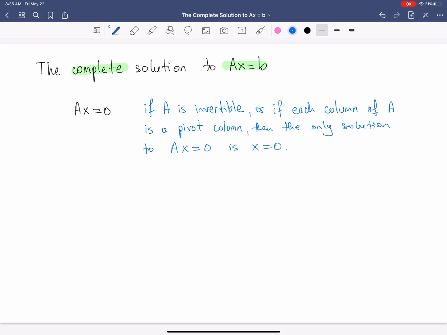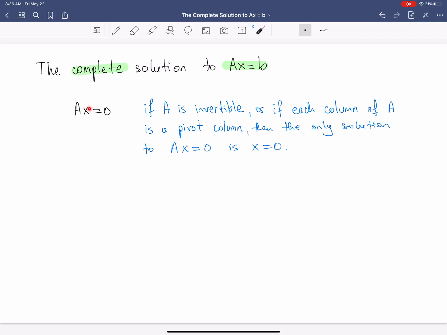Why is that so? Well, because remember, AX represents a linear combination of the columns of A. So when we have an X which is not 0, it means that there is a way to combine the columns of A that gives us a 0.